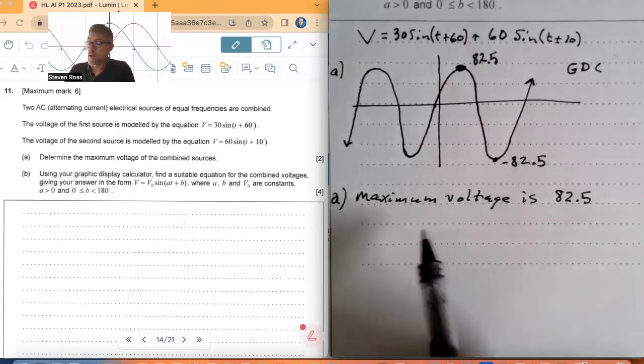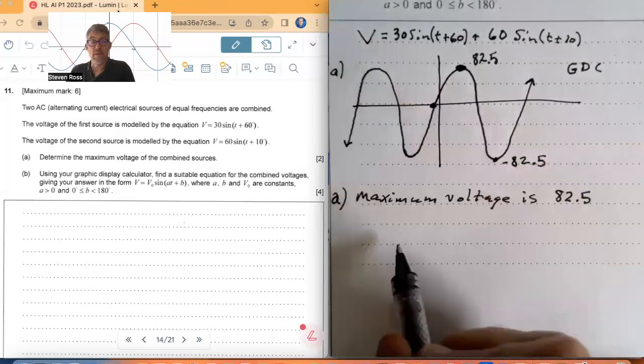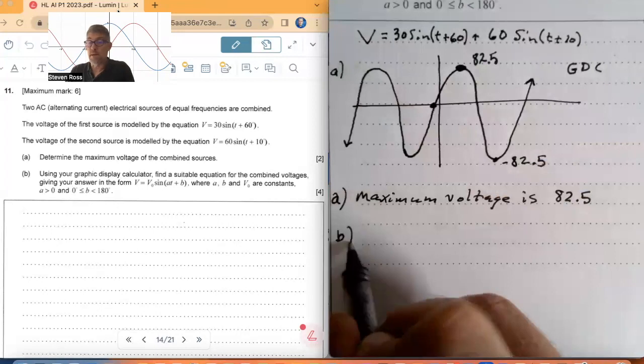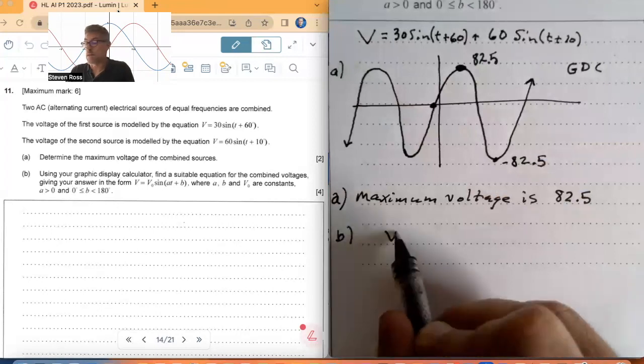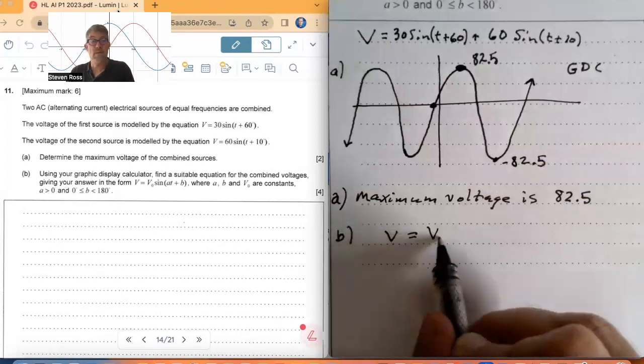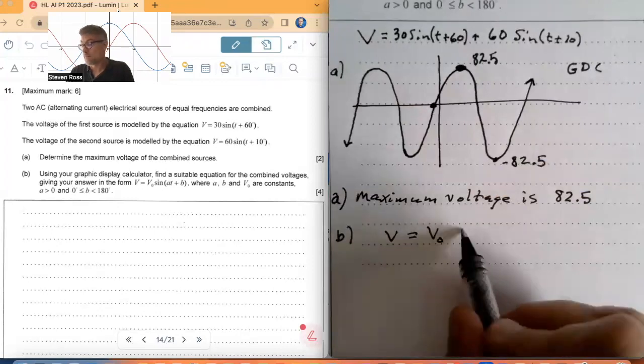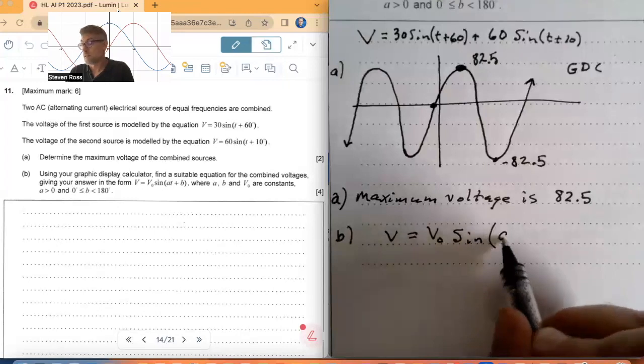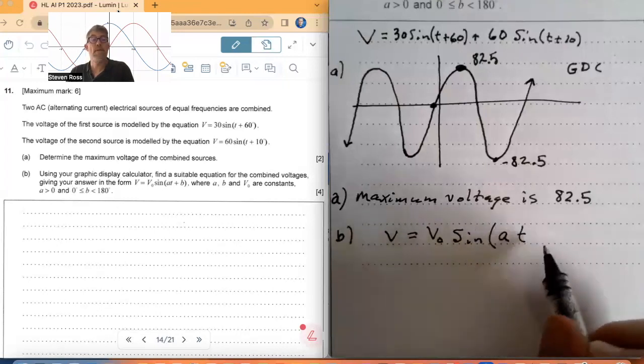All right. I think what I'm going to do is try to come up with an equation. And here's, for part B, what they've recommended: V equals V naught sine of (A T plus B).